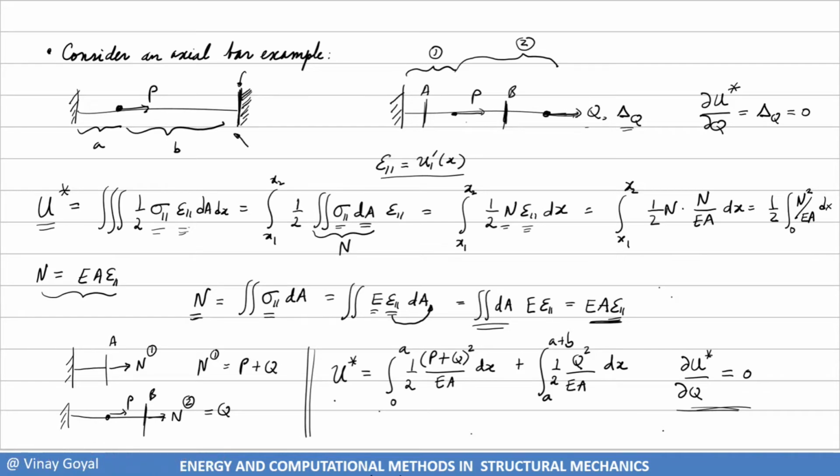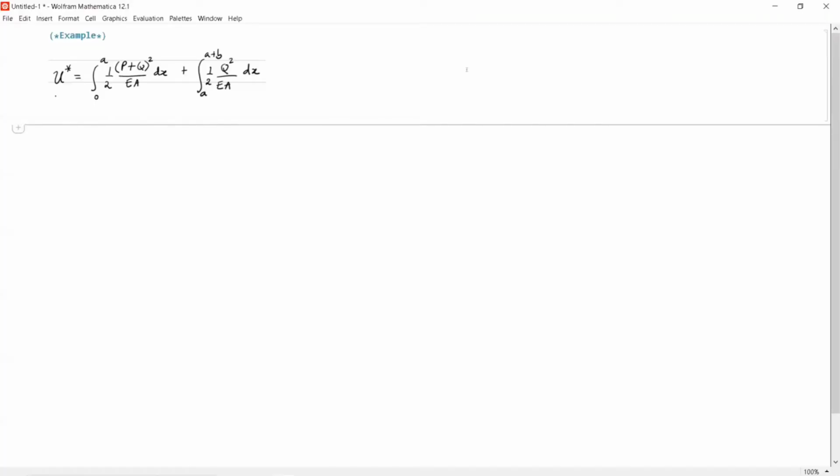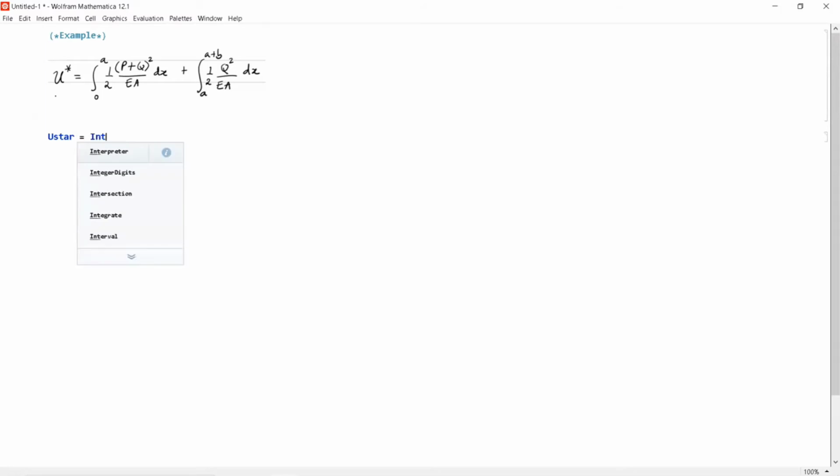And what I want to do now is go ahead and use Mathematica to solve it. Okay, so let's use Castigliano's theorem. Let's call this U star equals, and I have the integral, and I may not remember how to write the integral here, but we'll try it. Integrate is probably the word. Integrate, and I have a 1/2 that's everywhere, so let's just put it here.